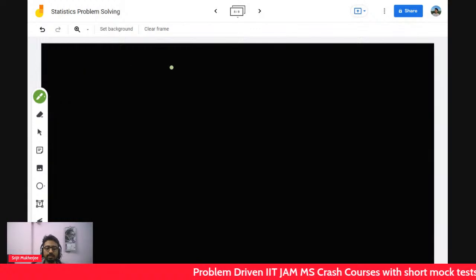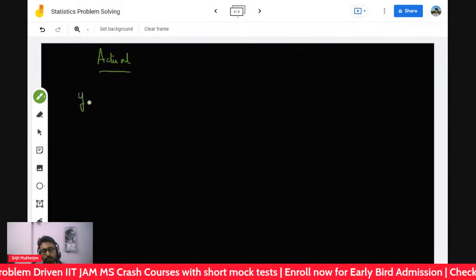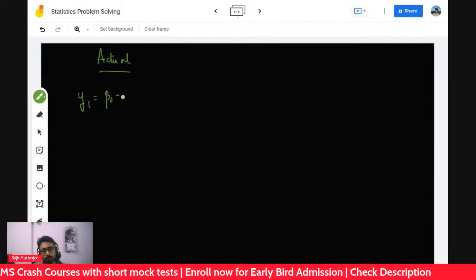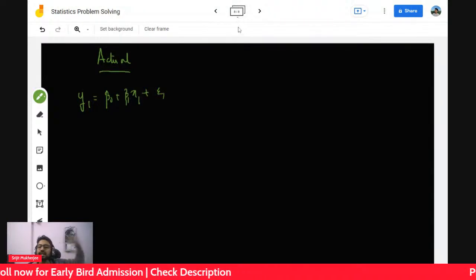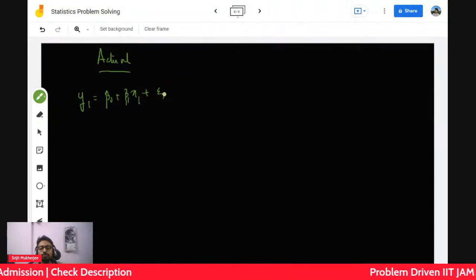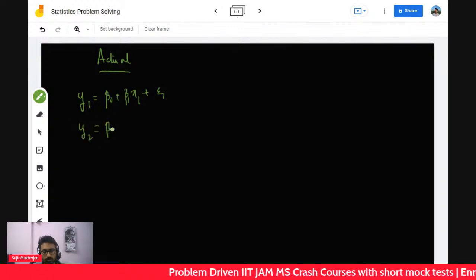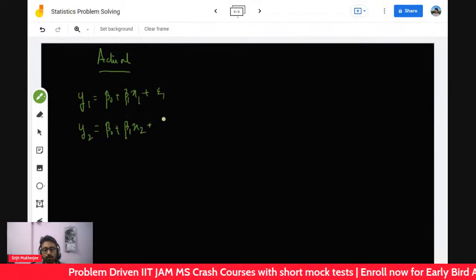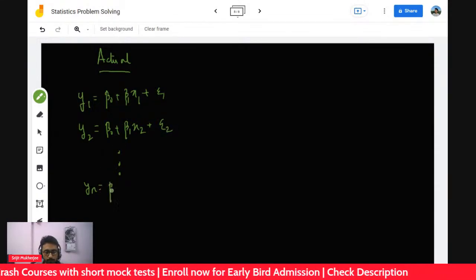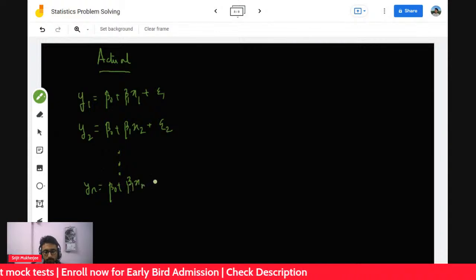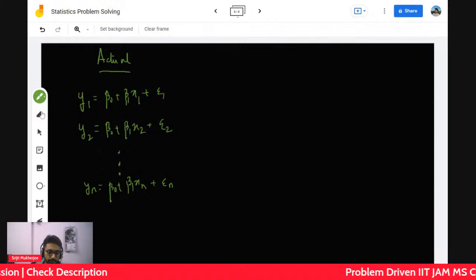So now understand this. Under the actual model, we have y1 is equal to beta naught plus beta 1 x1 plus epsilon 1. We have other conditions that the yi's are independent, so therefore the epsilon i's are also independent, okay? And this continues. This is the actual model, right?